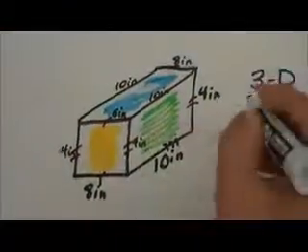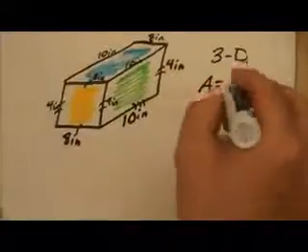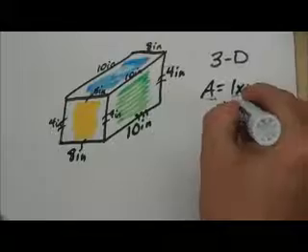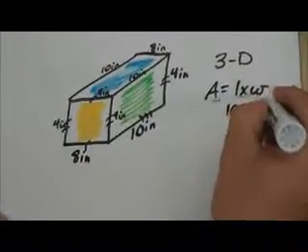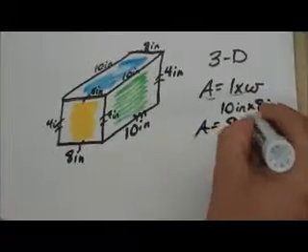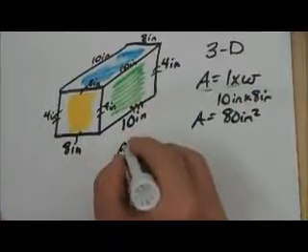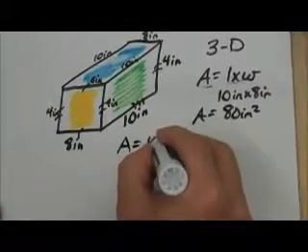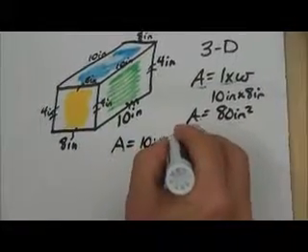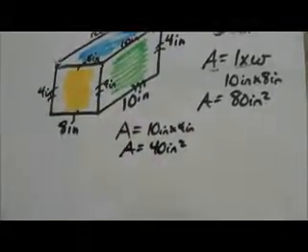Same rules apply. If I have area as length times width, I will look at my blue and I have 10 inches times 8 inches, which will give me 80 inches squared. If I take a look at my green, I have 10 inches times 4 inches, which would give me 40 inches squared.